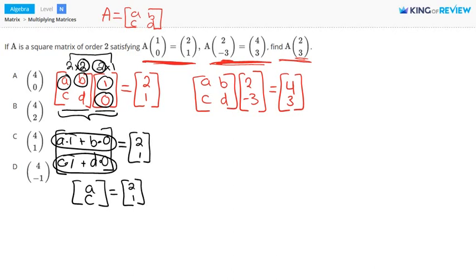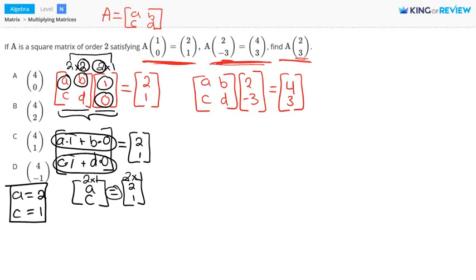So both of these matrices are 2 by 1s. Because they have the same dimensions and they're set equal to one another, we know that the corresponding entries are equal. So we know that a equals 2 and c equals 1. So we know 2 of our 4 variables so far.